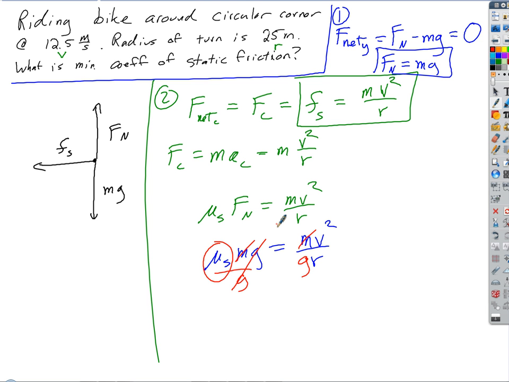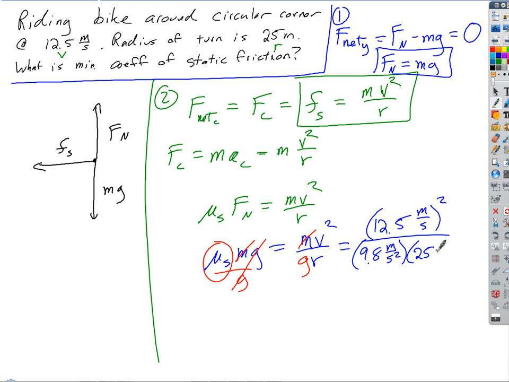Okay, so then we end up getting mu sub s equals v squared, so that's 12.5. I want to put the units in for a second so you can see something. Meters per second, quantity squared, over 9.8 meters per second squared times 25, was it 25.0? Yeah, just 25 I guess.